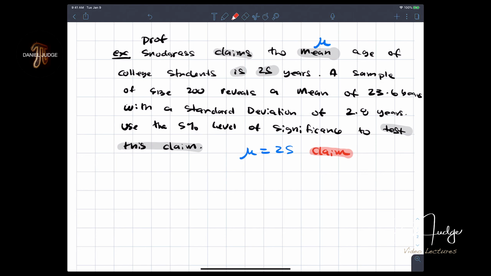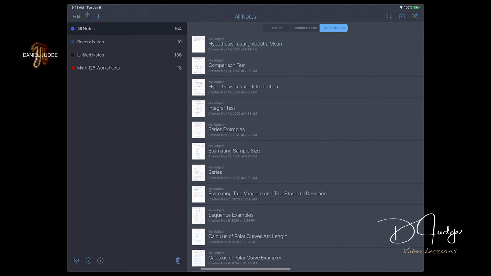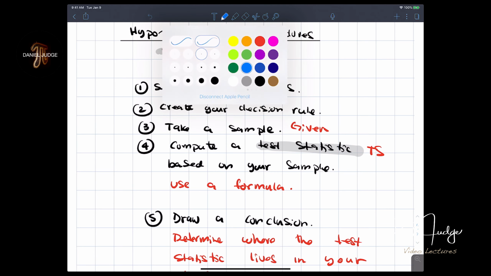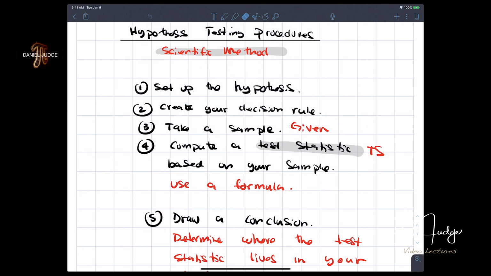That's the first thing you do. Now, going through our procedure from yesterday, what's the first thing you do? You set up the hypothesis.